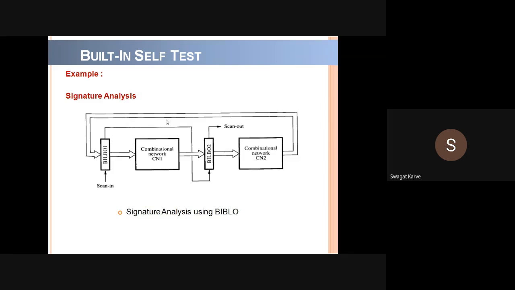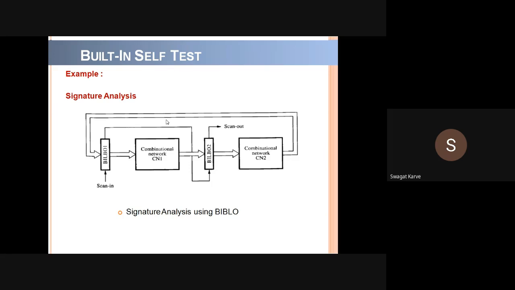Now the third part is signature analysis. What do you mean by signature analysis? This circuit is normally used to generate the sets of inputs with the help of some modulo 2 addition. Signature analysis means you have to generate some small test vectors, which will be a kind of signature, and based on those test vectors you are going to validate the circuit.